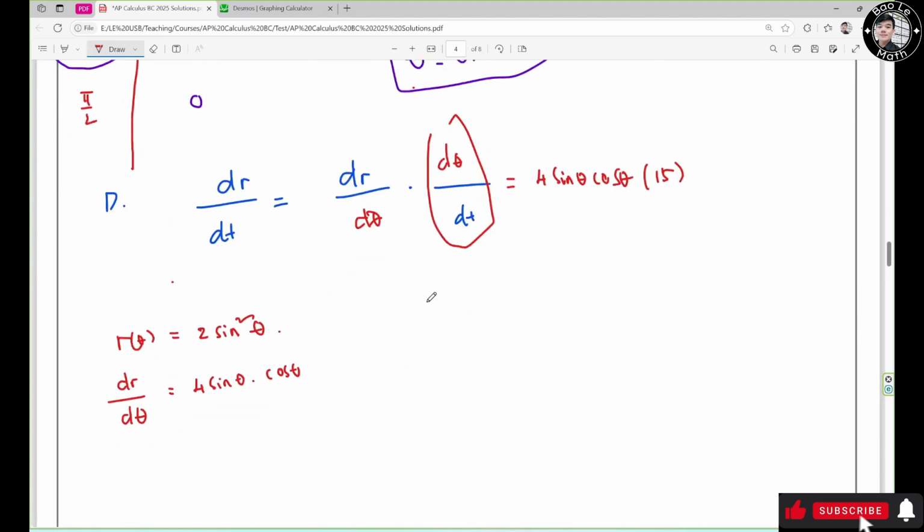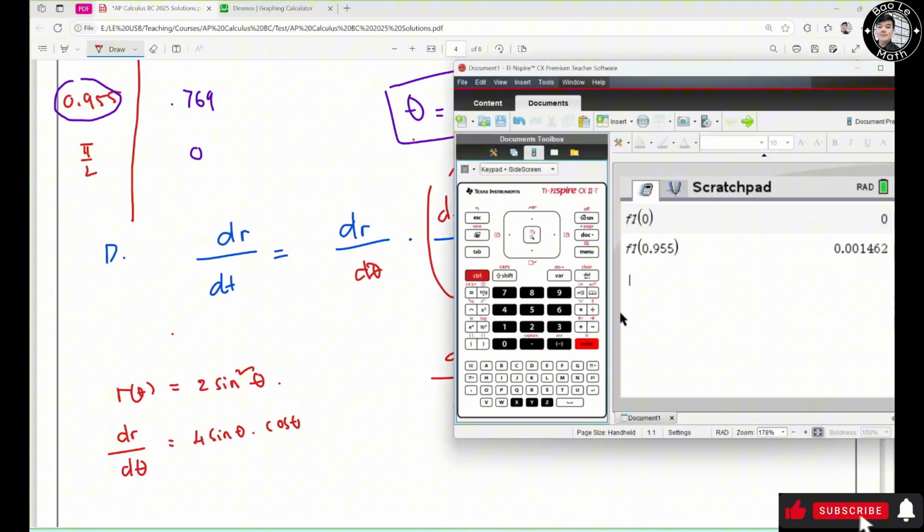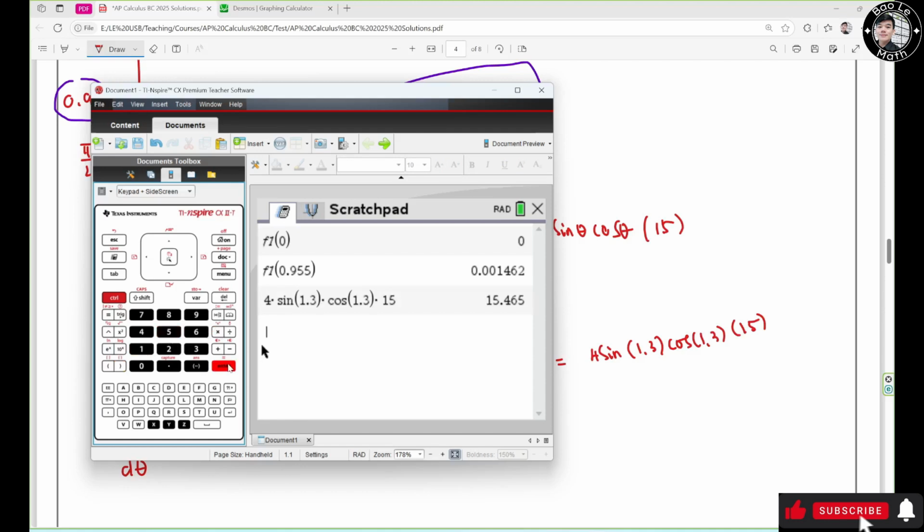Now I need to calculate dr over dt evaluated at theta equals 1.3, which equals 4 sine of 1.3 times cosine of 1.3 times 15. So I bring up the calculator and hit enter. The answer is 15.465.